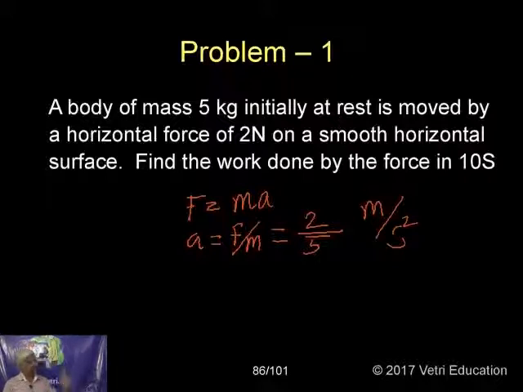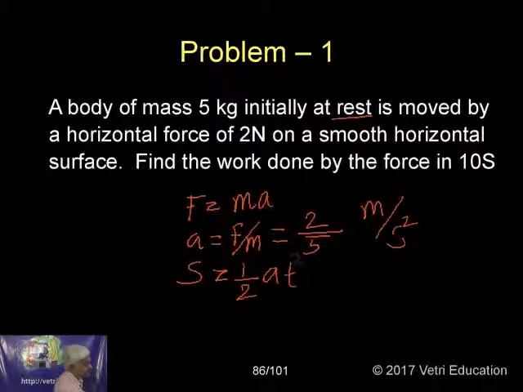So once we know acceleration, then only you are able to find out the displacement. The displacement we know, S is equal to ut plus half at square. The body of mass 5 kg is initially at rest. Therefore, initial velocity u becomes zero, leaving half at square.